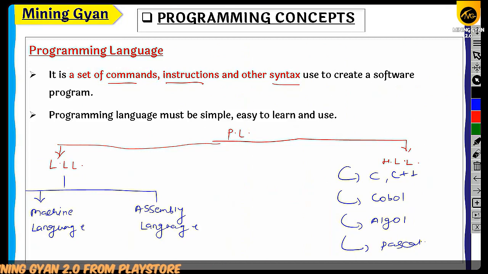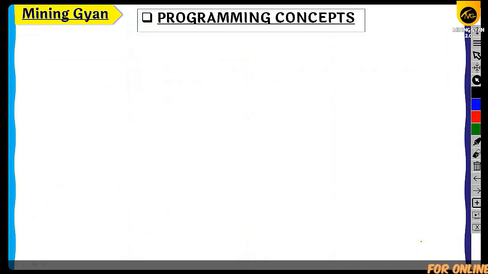Okay, so what is the low level language and what is the high level language, and the types of low level language. The low level languages are programming languages that are more difficult to understand, for the user or programmer.